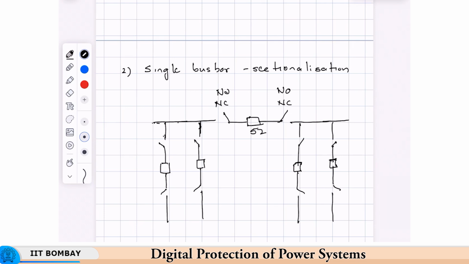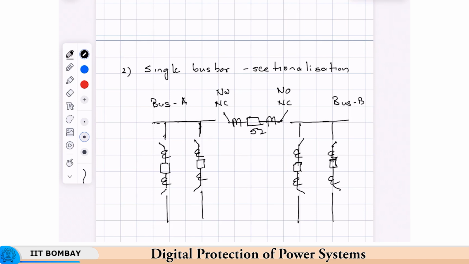So, this is usually termed as bus B and bus A, or bus 1 and bus 2, okay. And the normal CT arrangements will be like this, same as earlier, and this bus section breaker will also have 2 CTs, okay.